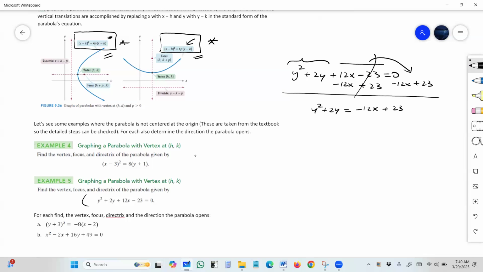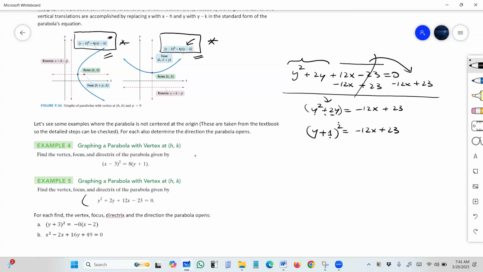Now I have to complete the square on the left side. So you remember my technique is same variable, same sign, half of this number, square. And then we have to do the adjustment. The adjustment is this number squared.